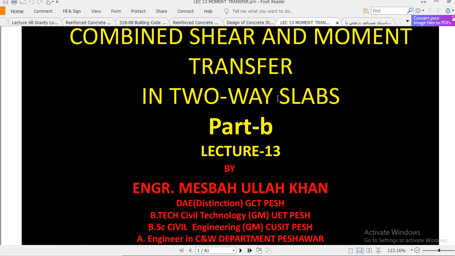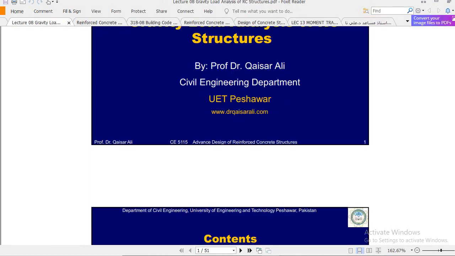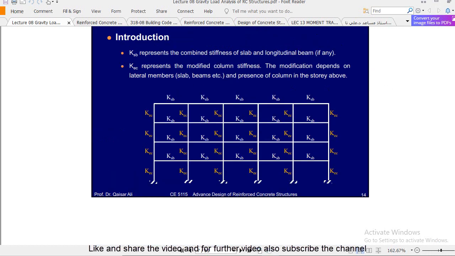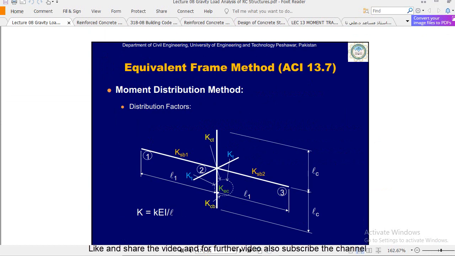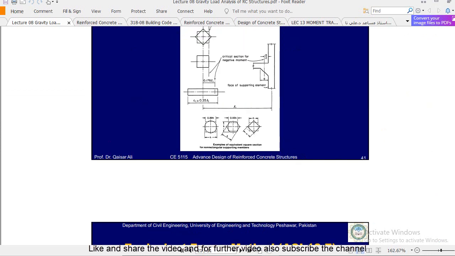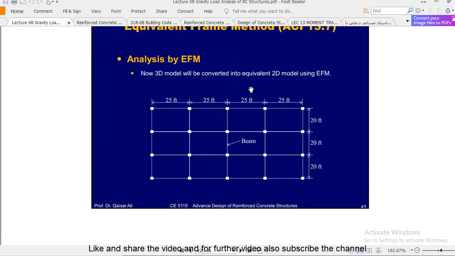Now, from lecture number 1 to lecture number 10, we used the equivalent frame method. We started this example and completed it in lecture number 9; in lecture number 10 we covered another example. This example was covered from lecture number 3 to lecture number 9.